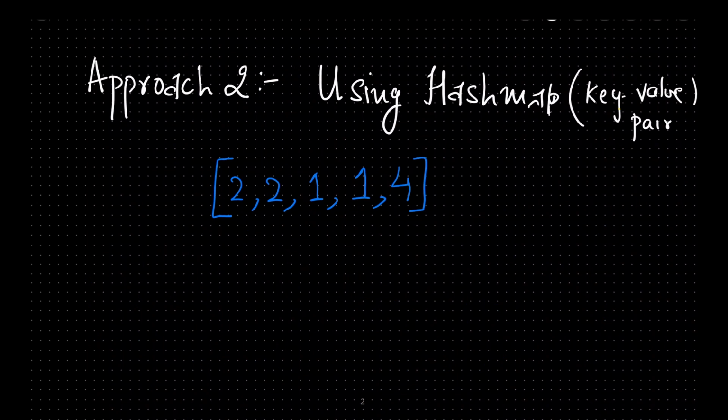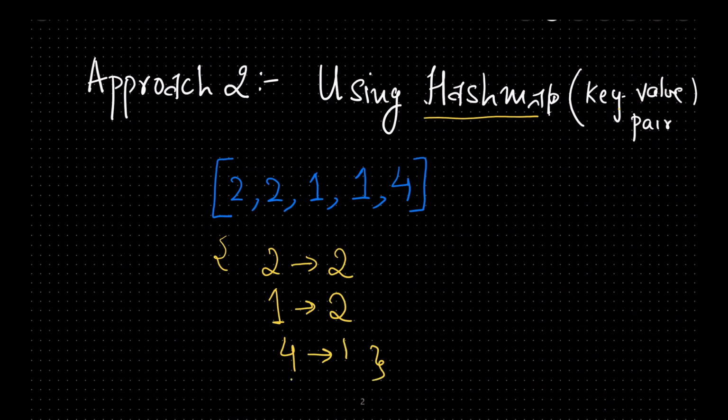With our second approach, we will be using a HashMap data structure to form key value pairs of individual unique elements and their corresponding frequencies. And at last, the key having value as 1 will be our single number and thus the output.